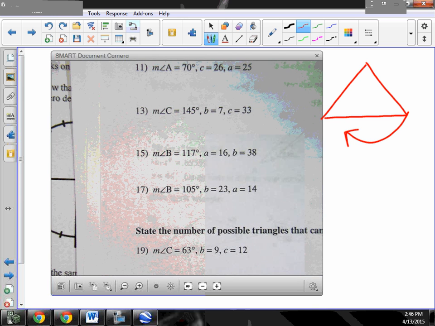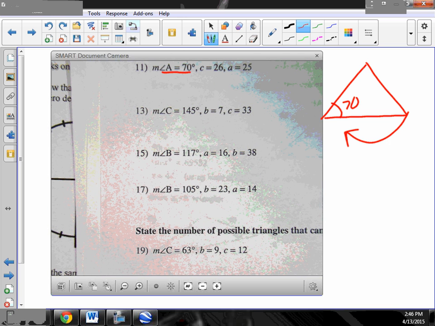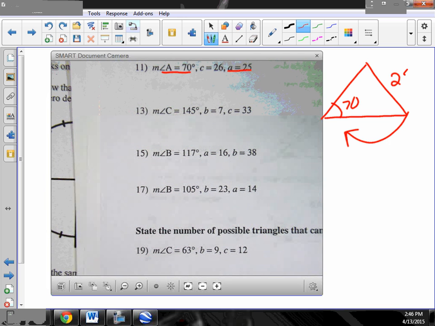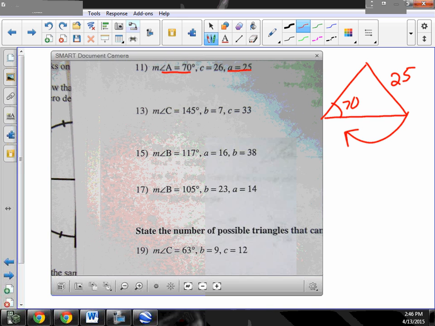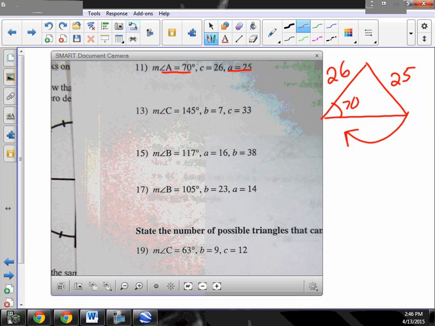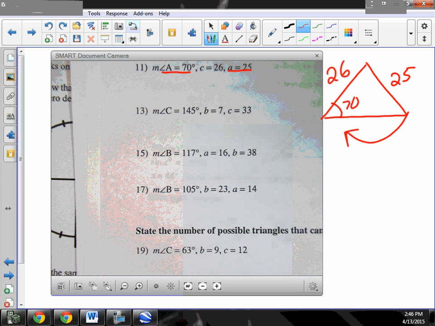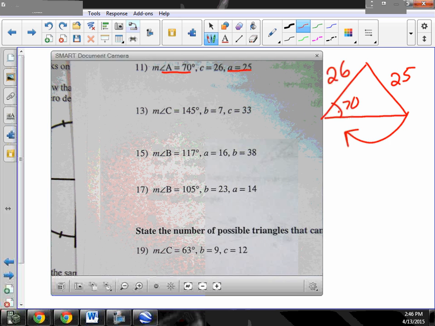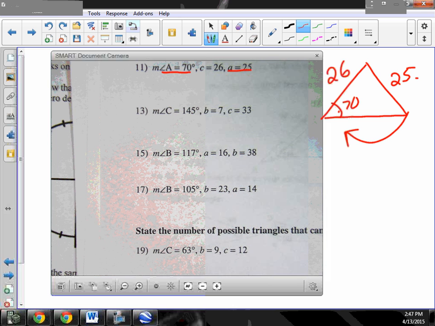So I'm going to say this is 70, and because that's A, then this is 25, right? And then which side would have to be 26? Well, it doesn't matter, but with my arrow, it would have to be up here. I prefer to always make it look like this because sometimes realizing which side moves is harder than you think. So always put your angle here, and then whatever side is opposite your angle there, and then the other side there. That's how I always do it.